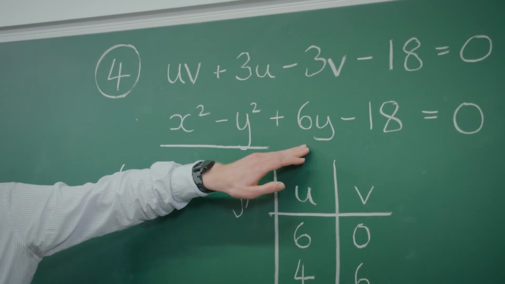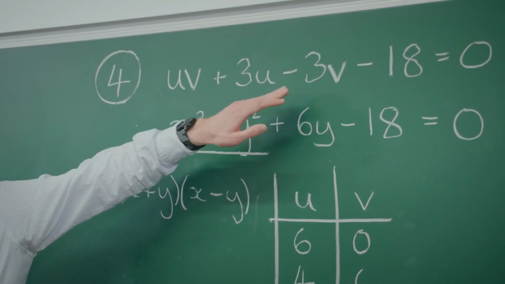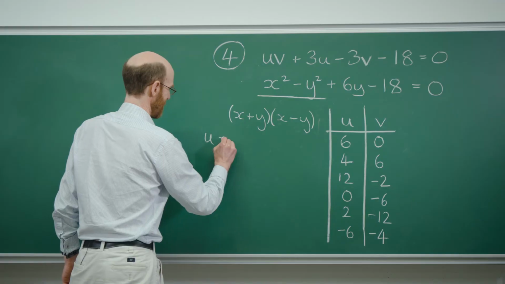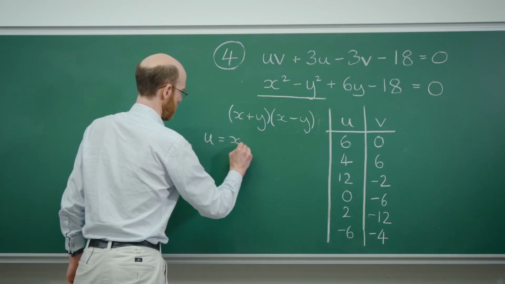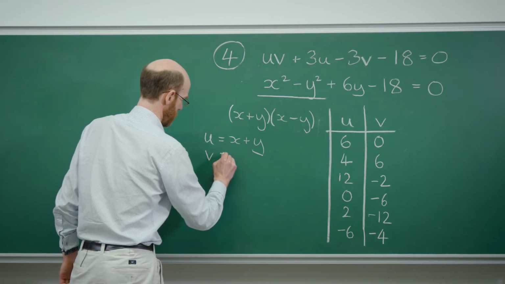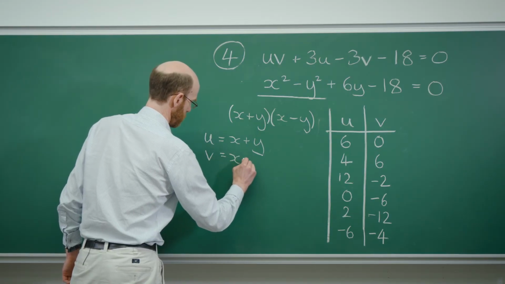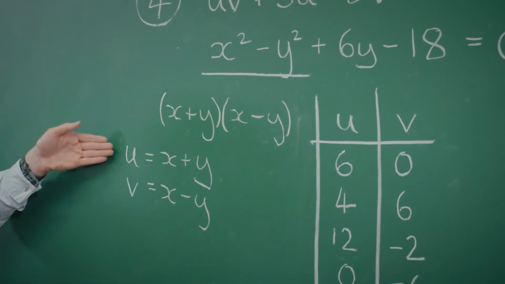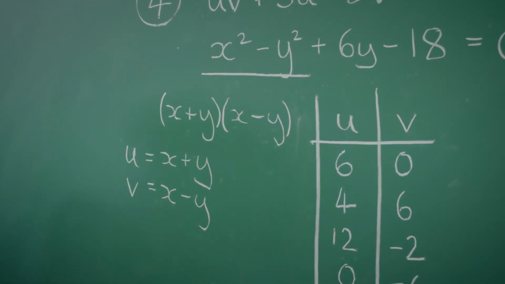But looking at this term, we can see a good choice would be, because if we take away one from the other, we get u minus v is 2y.